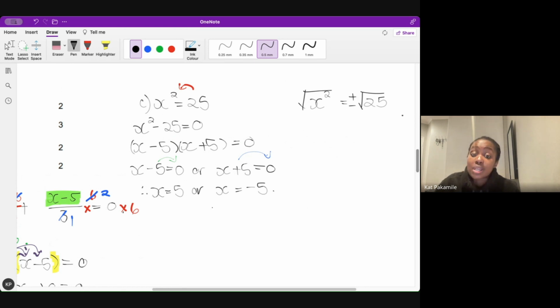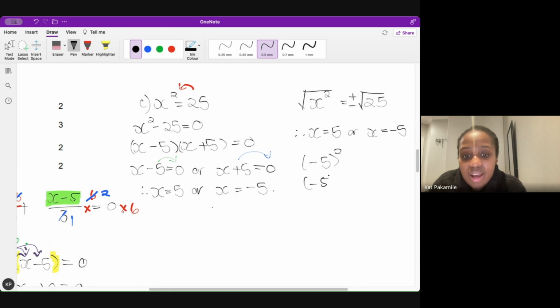Otherwise, you lose your second solution, because then you'll say, therefore, x is equal to +5, or x is equal to -5. And those who are confused about the negative answer, just think about if you square a negative number. This means -5 times -5, and two negatives will give you a +25. That's why square root answers always have two solutions.